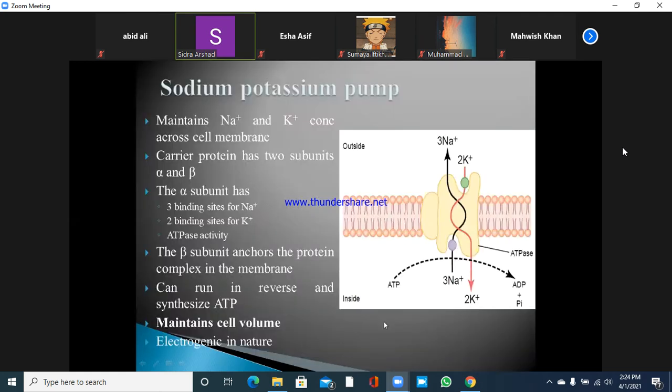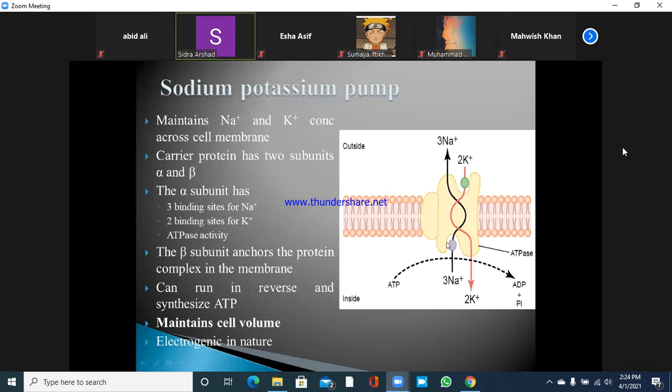So the first example of active transport, or I should say the primary active transport, is the sodium-potassium ATPase pump. As you can see over here, this is the sodium-potassium pump, and it has a binding site for 3 sodium ions on the inside and 2 potassium ions on the outside.